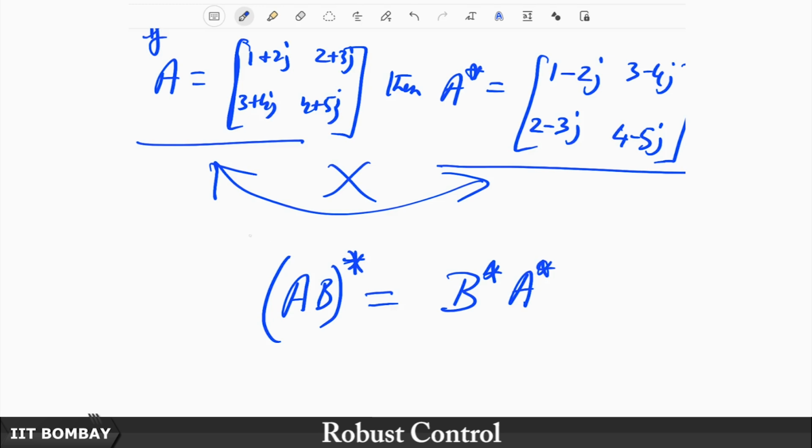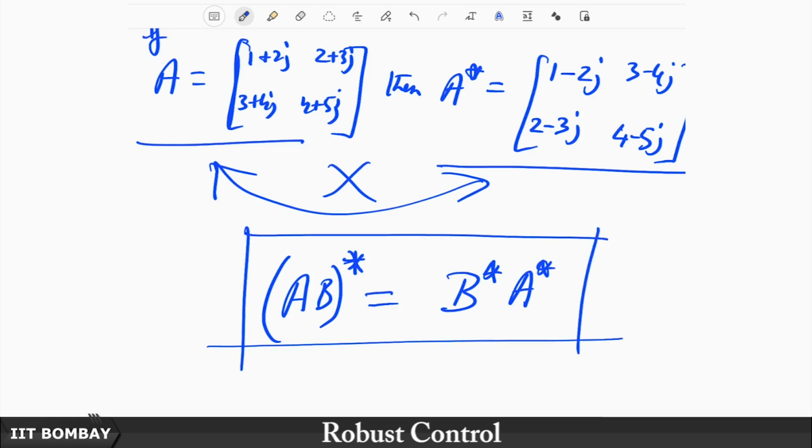It's exactly the same. So this is an important property that we do well to remember throughout this course.